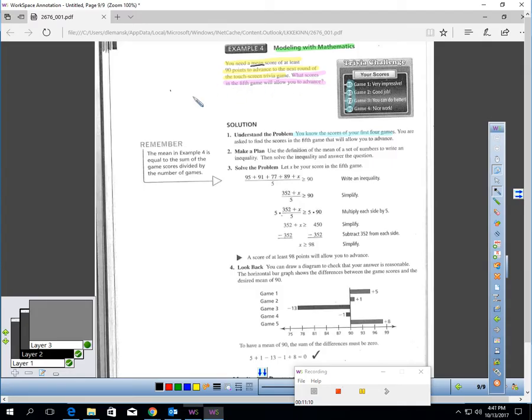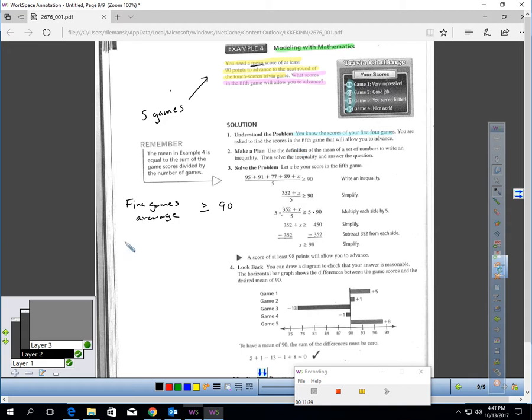Let's think. I'm going to be playing 5 games. So my 5 games have to average out to 90 or more. Let me write that down. 5 games, average is greater than or equal to 90. Okay, so let's write down our 5 games. Here's the games I've had so far.